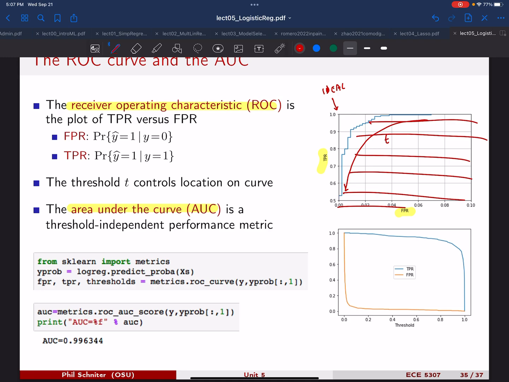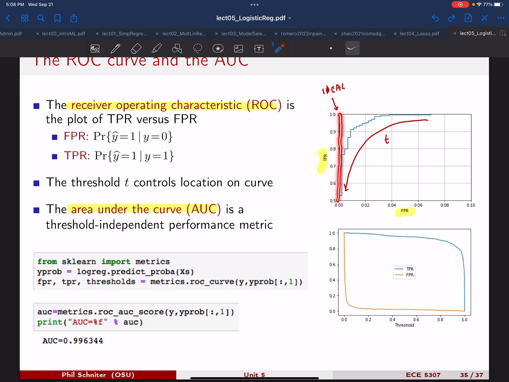In the ideal case, this blue line would go all the way up here, and your area under the curve would be 1. That's the ideal case. You can never get more than that. In practice, this curve is like this, and when you integrate it, it's a number less than 1.